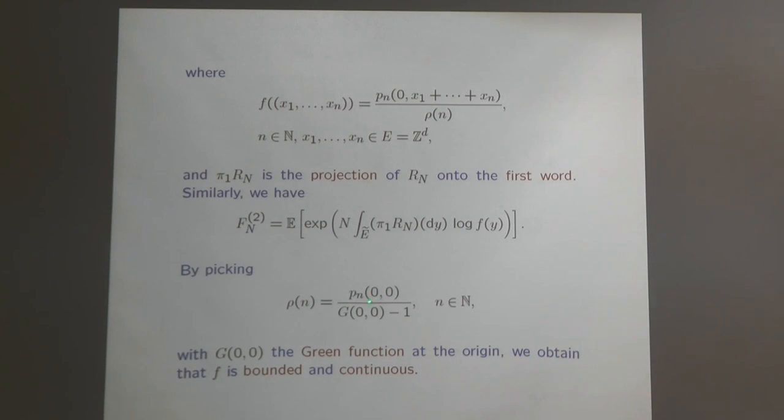If I do that, then I get something nice, because this is a finite number, because the random walk is transient. And if I forget about this finite number, I divide this by Pn00. Now the probability for a symmetric random walk to go in n steps from 0 to any point is always less than or equal to the probability to go to the origin.